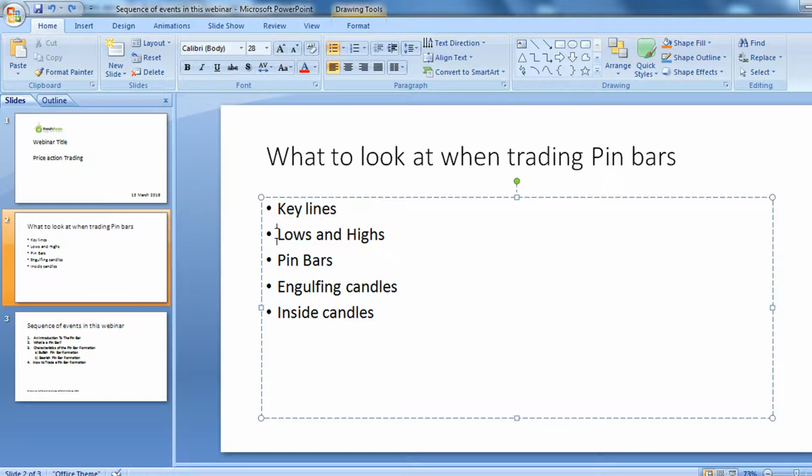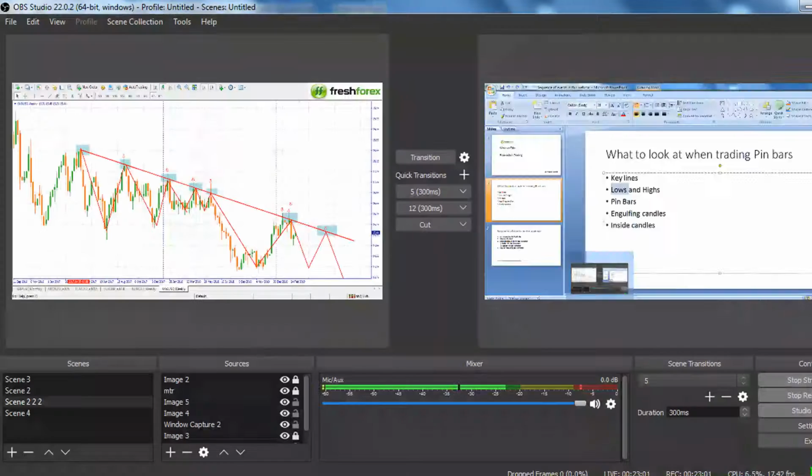We've also tried looking at highs. We are going to look at lows. Then we're going to look at pin bars also. Let's get to that. We'll look at lows first before we move to the next one.